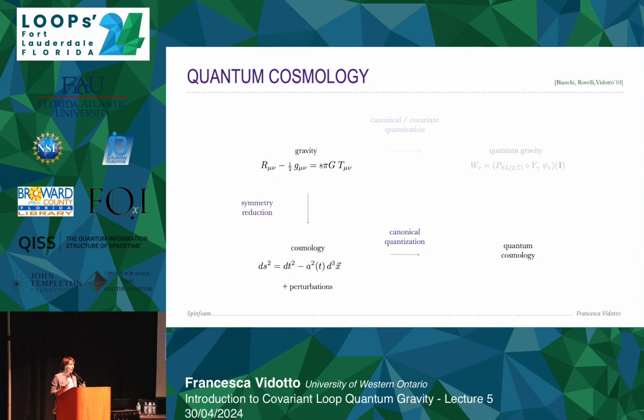And of course, back then, the idea in loop quantum gravity was to try to get as close as possible to this procedure, just mimic the same thing. So go to the symmetry-reduced sector and quantize à la loop my scale factor.